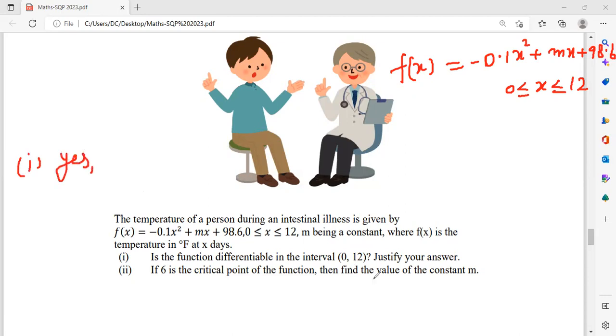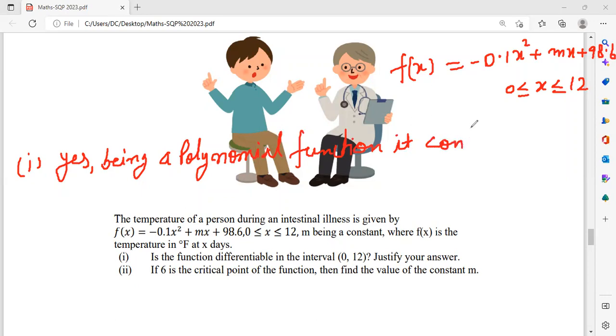And to justify your answer: being a polynomial function, it is continuous everywhere, since all polynomial functions are continuous everywhere.